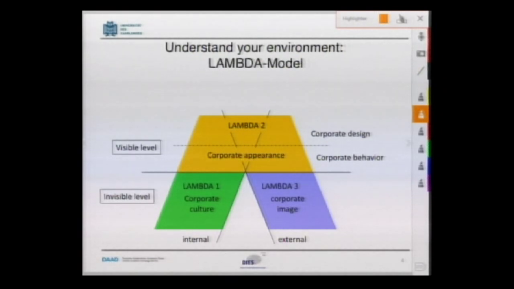What does Lambda 2 mean for McDonald's? What do you find? I think uniformity. Because whatever you can have here in Guatemala, you can have in the US or wherever. It's the same. It's very strongly transnational.